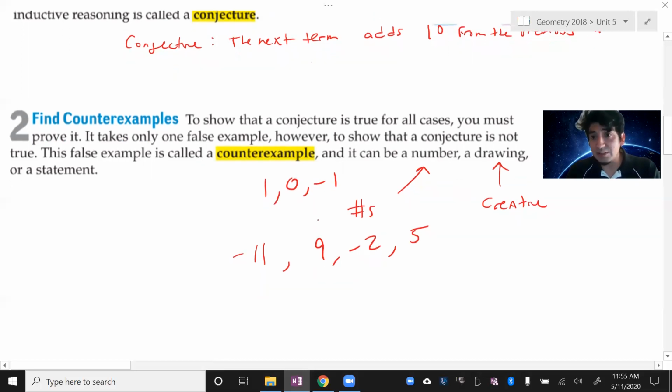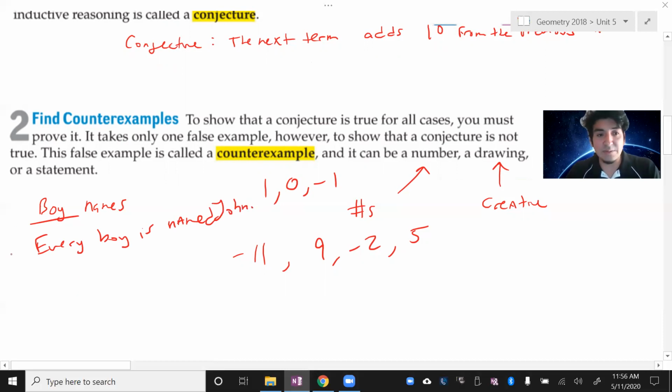Okay, so a counterexample. Let's say I'm thinking about boy names. If I come up with a statement where every single boy is named John, that would be my example, problem 1.